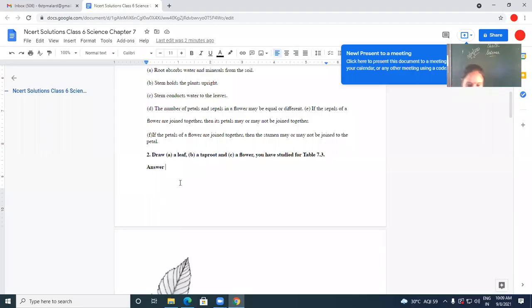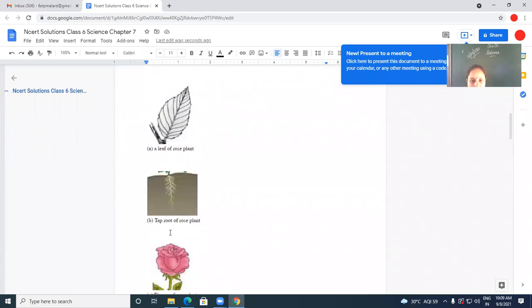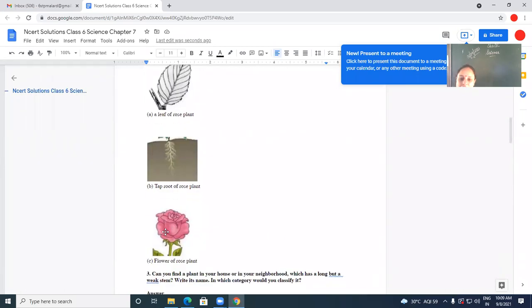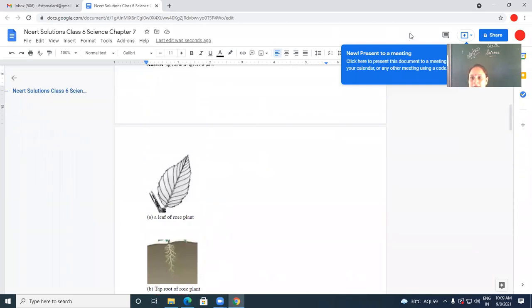So here you will draw figure 7.8 and figure 7.17. Okay, these will be the figures that you will draw, not these ones. Okay, leaf of a rose plant, flower of a rose plant, you don't need to draw them. All right.